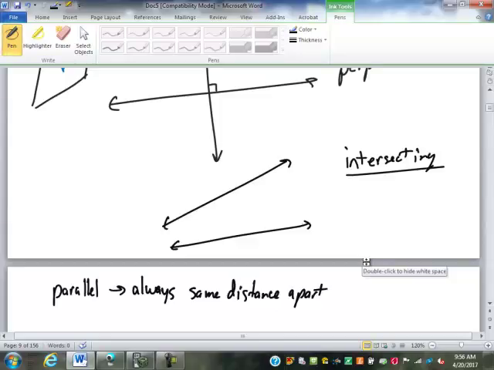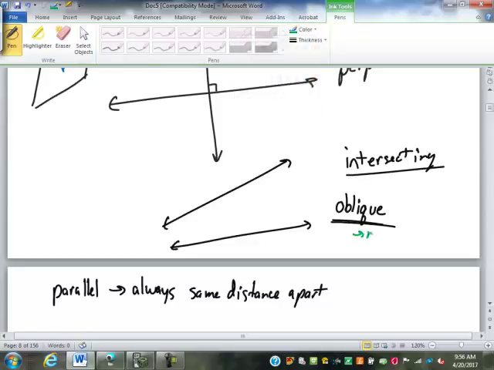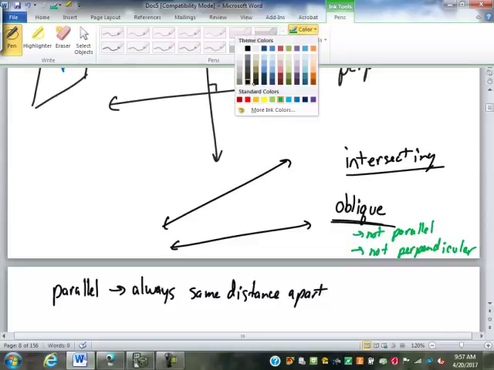So in 3 dimensions, lines that are not parallel don't have to be intersecting. So in 3 dimensions, we use the term oblique. And in 2 dimensions, oblique means they are not parallel and they are not perpendicular. So oblique basically means there's no special relationship between them at all.